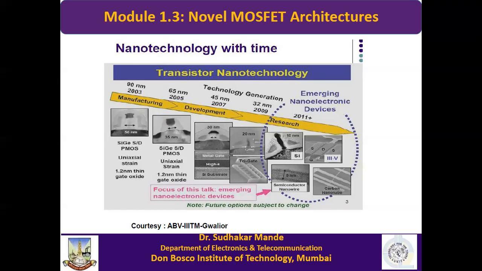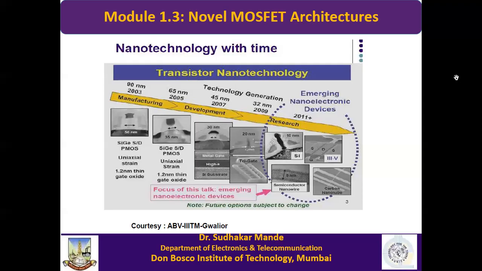Off current will be large, so it will lead to very high power dissipation. And because of velocity saturation and other effects, your on currents will be less. So it will not give us any advantage of scaling below 5 nanometer. Therefore now everyone is looking for some other material for the MOSFET instead of silicon.